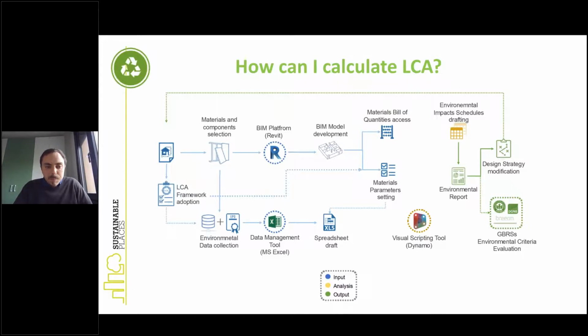You put all the information about the EPD from the LCA inside the material in Revit, in the BIM tool, and then export it to a data management tool like Excel through visual scripting like Dynamo, and go back to the BIM model, and also calculate the environmental report for the LEED credit calculation.